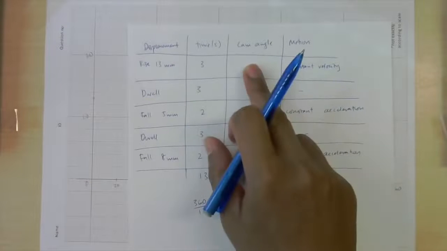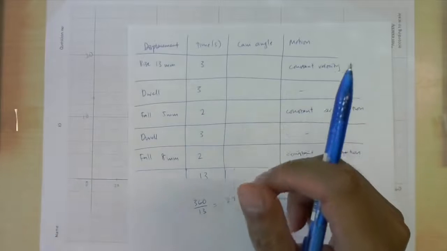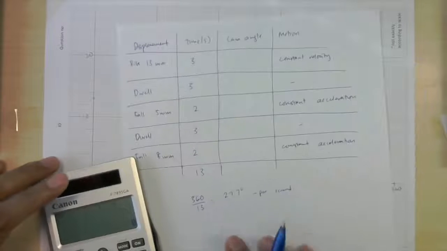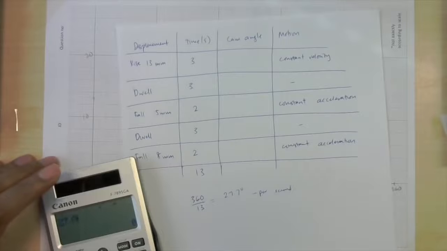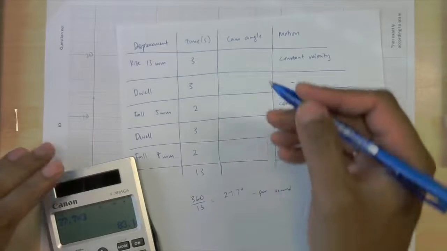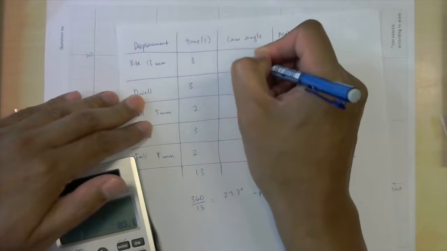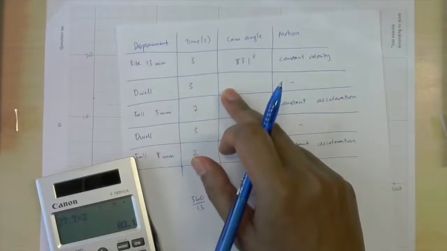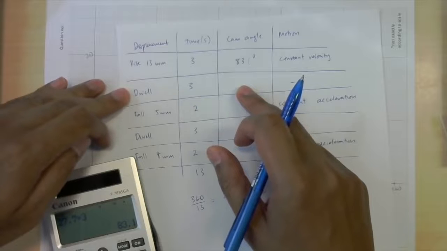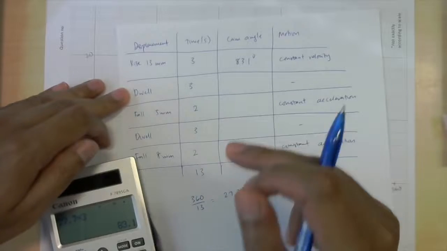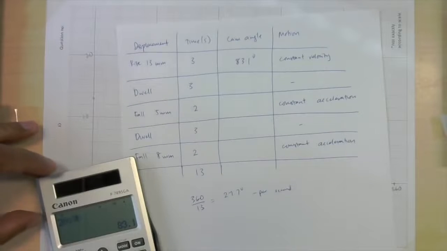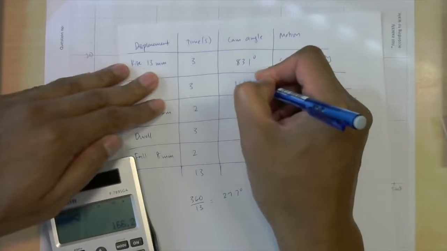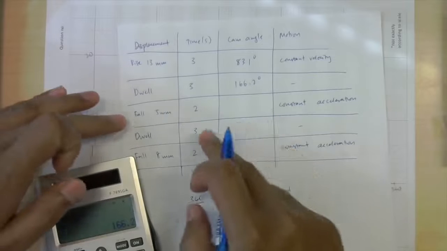So for 3 seconds, it should be 27.7 times 3, which is 83.1 degrees. Next dwell is also 3 seconds. So 83.1 plus 83.1, in this case just times 2, which is 166.2 degrees.